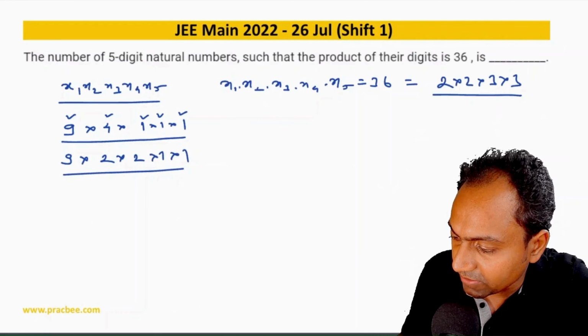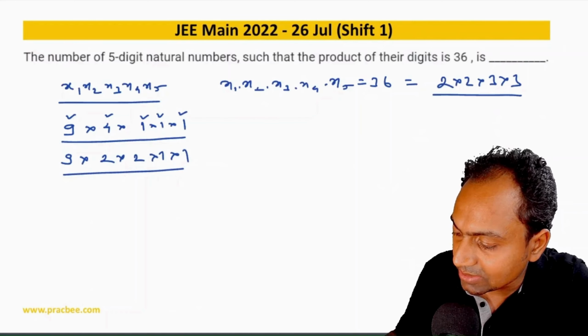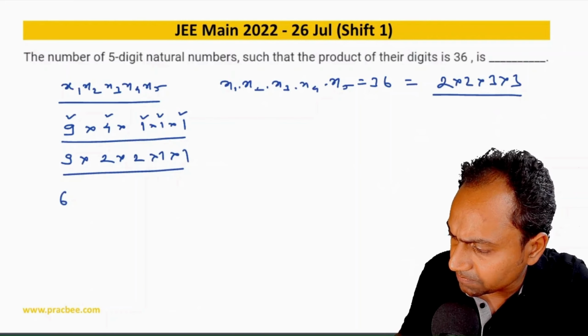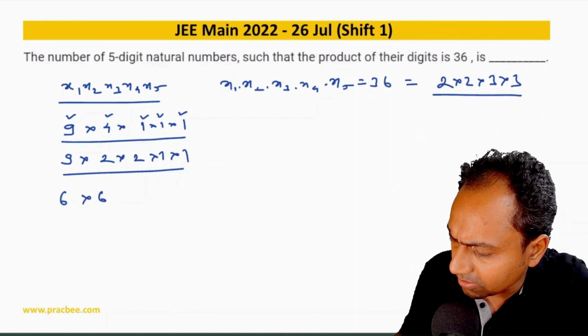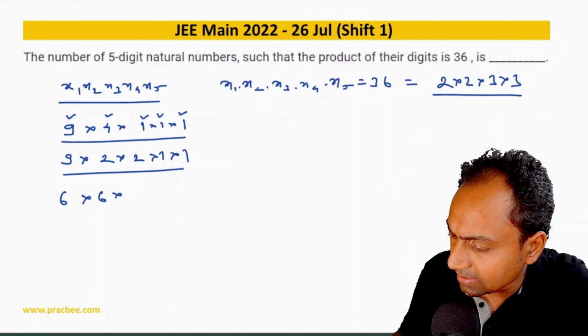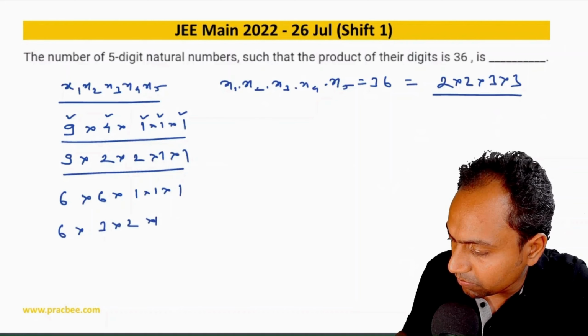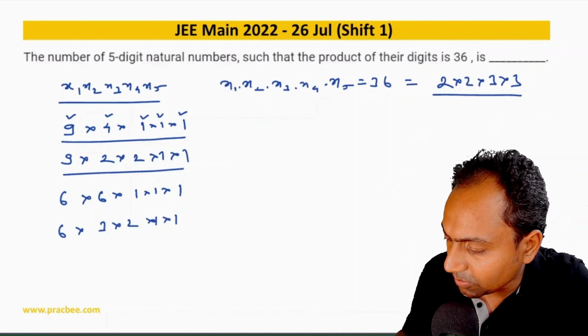Another possibility of expressing it: let us take another biggest digit that can happen, which is nothing but 6. So if I take one of the numbers as 6, another number can also become 6, and then the remaining numbers can be 1, 1, 1. If I take 6, 3, 2, 1, 1, this is also possible.